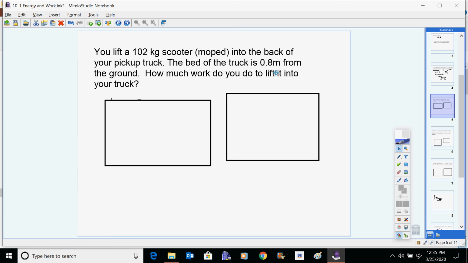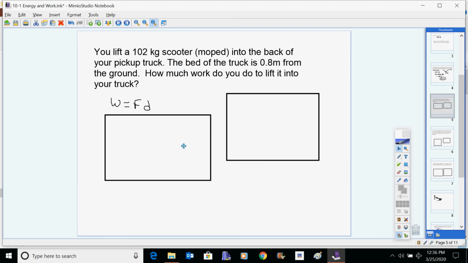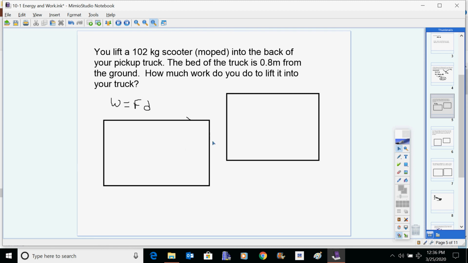And the bed of the truck, in other words, the part that you put the stuff into, is 0.8 meters from the ground. If you want to find out how much work you do to lift it into the truck, we can think about our work equation, force times distance. And we have a nice distance involved here, but what we're missing is the force.